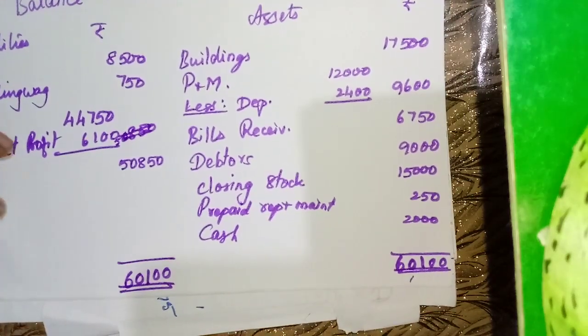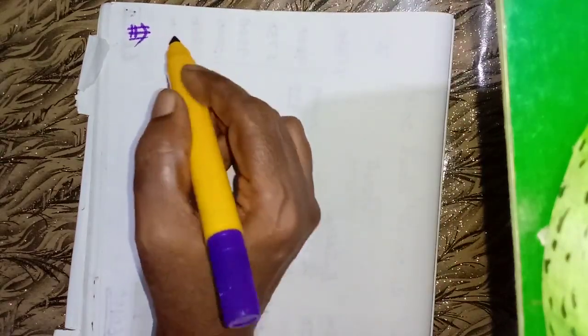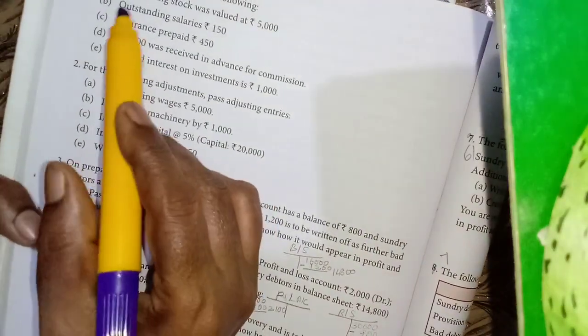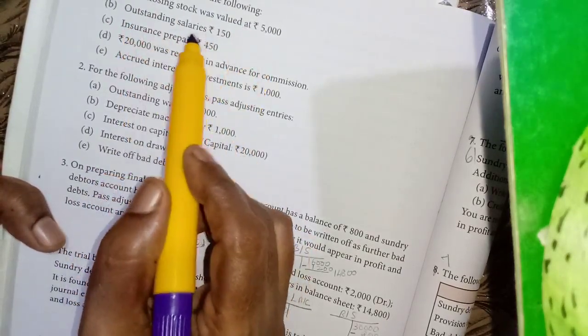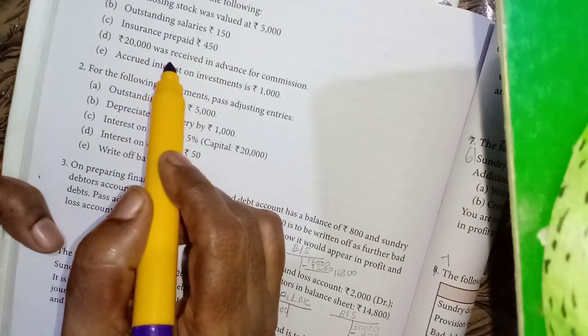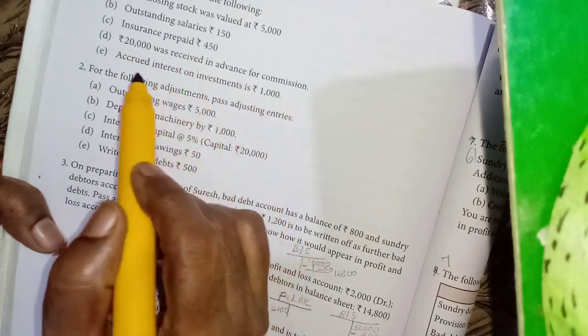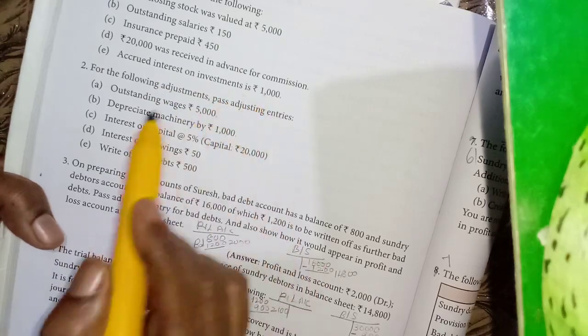Now we will see the 11th adjustment. Before going to the 11th adjustment, we will do exercise 1 and 2. Okay. Pass adjusting entries for the following: the closing stock, outstanding salaries, insurance prepaid, 20,000 was received in advance for commission, accrued interest on investment.